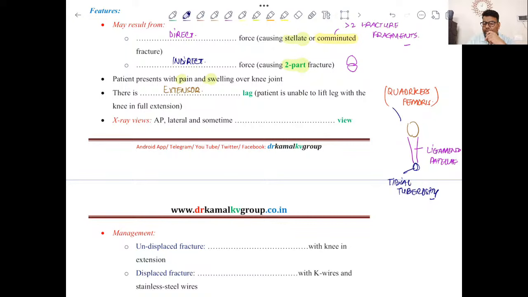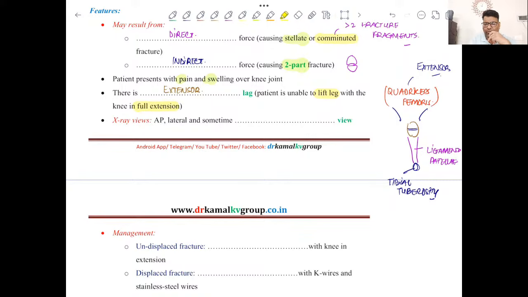So this quadriceps femoris is the extensor of the knee joint. Clear? So if there is any fracture somewhere here, obviously the pull will not be transmitted properly, and there will be an extensor lag. So the patient is not able to lift the lower limb with the knee in full extension, right?